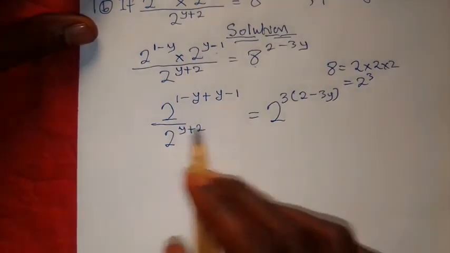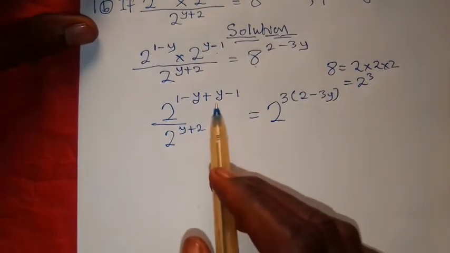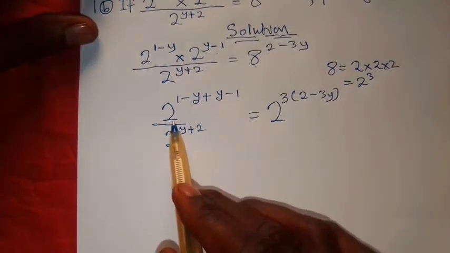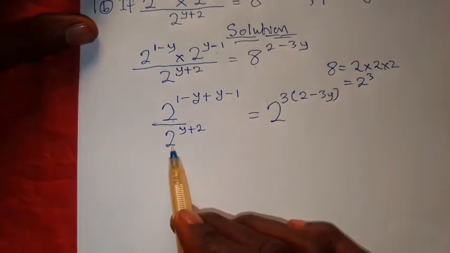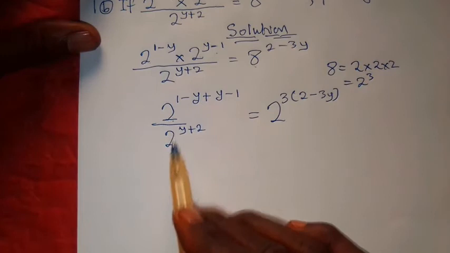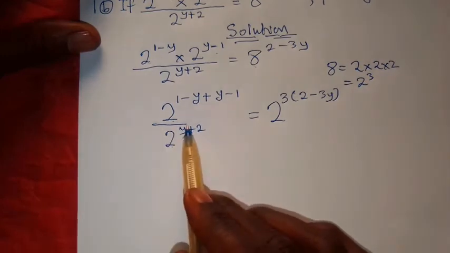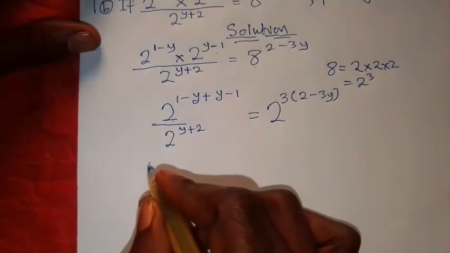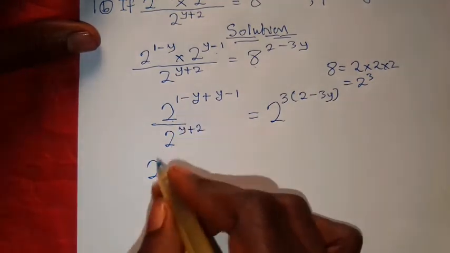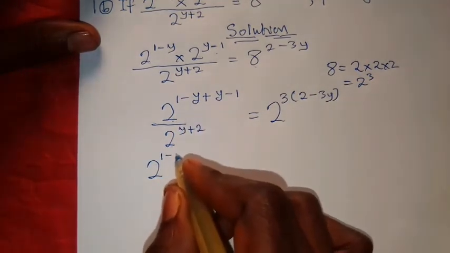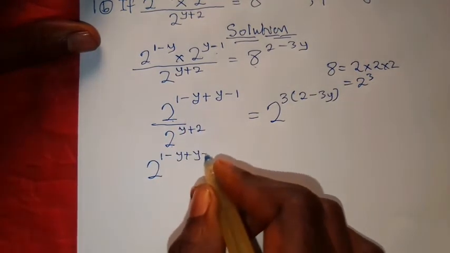Now let's still work on what we have here. If you realize, we're having a 2 in the base here at the numerator and 2 in the base here at the denominator. We have to still collect them as 1. And don't forget, we are dividing, okay? So in this case now, we are going to have 2. Then we write what is in the numerator, 1 minus y plus y minus 1.